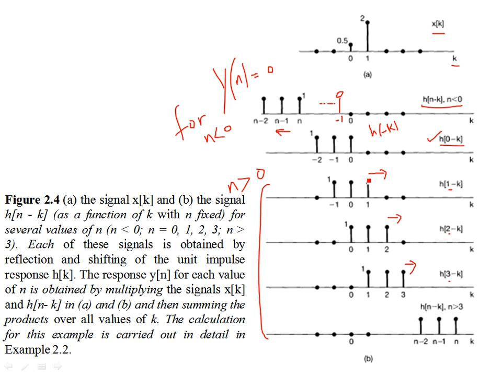So this is one sample towards right, then another sample towards right makes h of 2 minus k, another sample makes h of 3 minus k. Now if I multiply this with my x of k, I see that there are two samples which are overlapping over here.